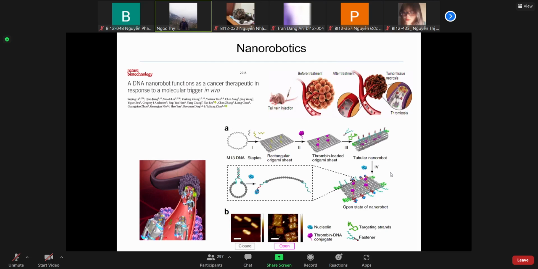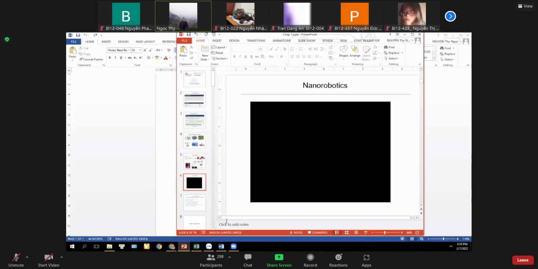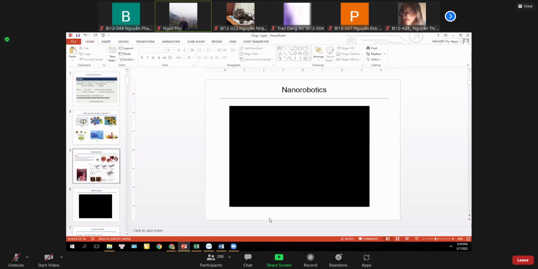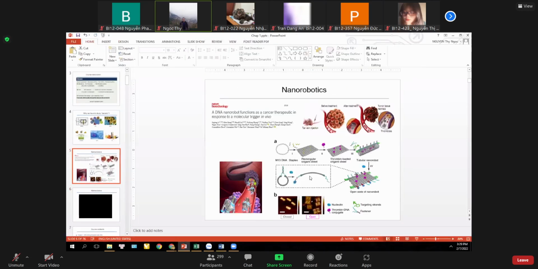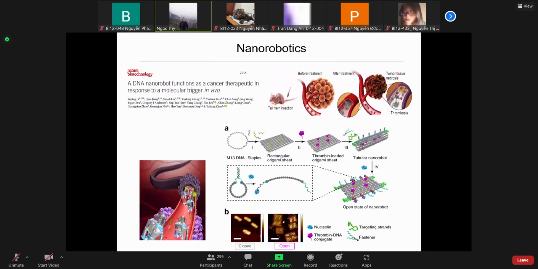But one disadvantage of the chemo treatment is that when the chemo reagent is injected into the blood vessel of the patient, it will destroy every cell it meets on the pathway.